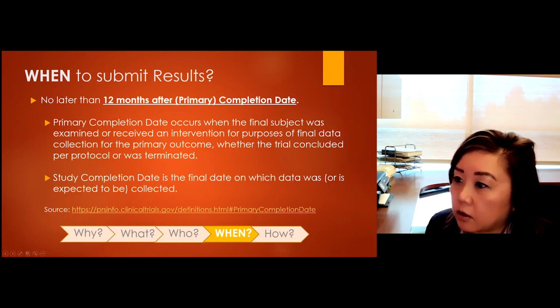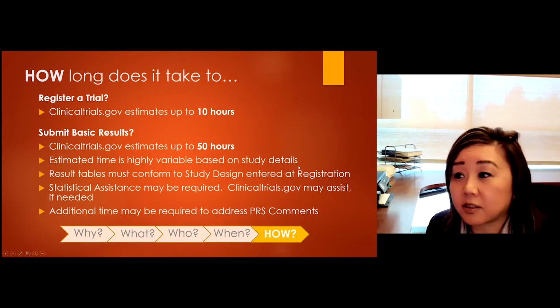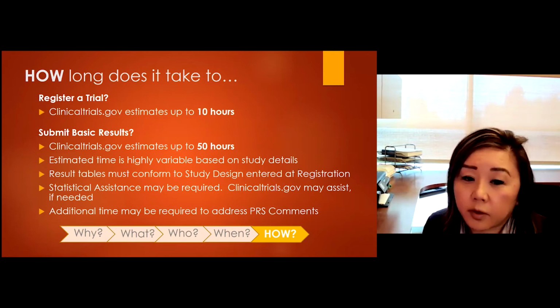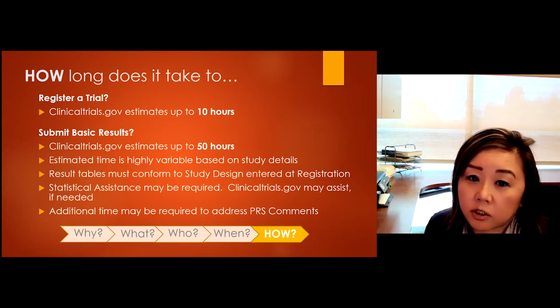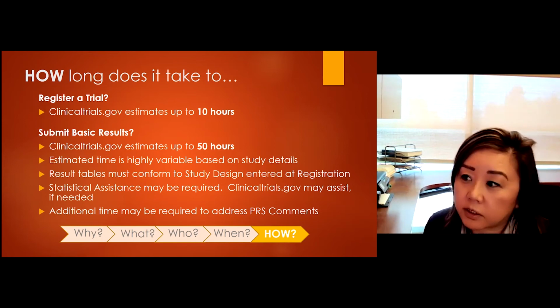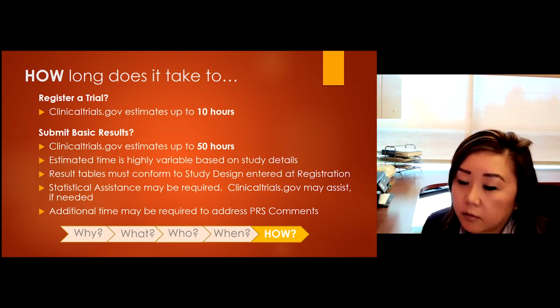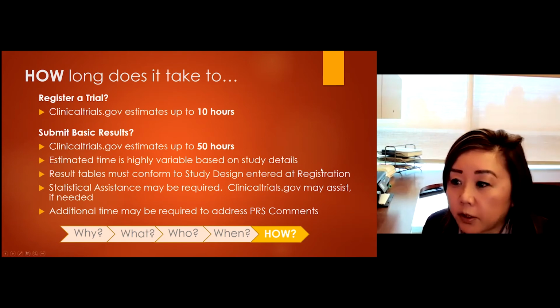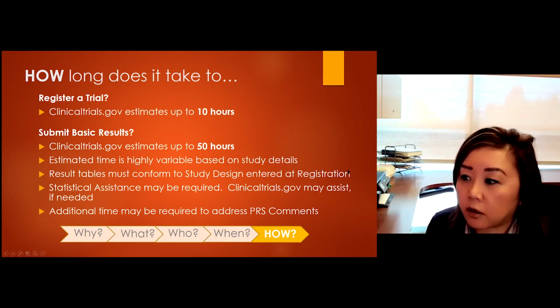Okay. And then how long does it take to register a trial? Clinicaltrials.gov estimates it could take up to 10 hours just to enter all of the data and submit within the system. And then also, how long does it take to submit basic results? Clinicaltrials.gov estimates about 50 hours.